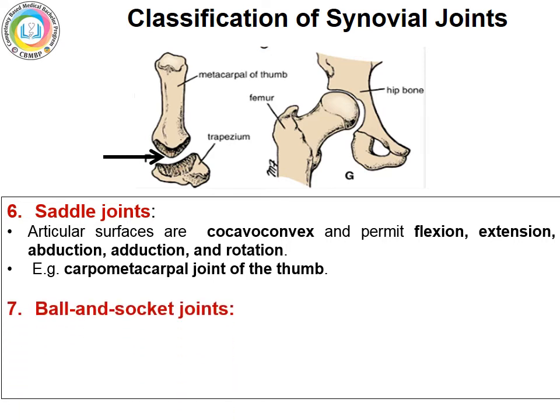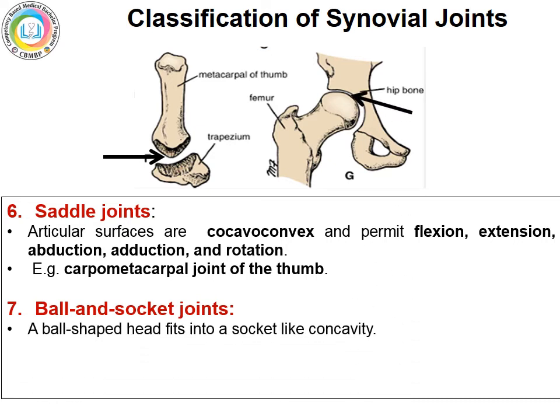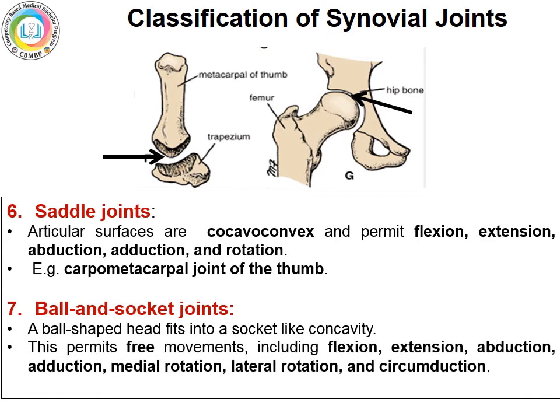Last type is ball and socket. In ball and socket, a ball-shaped head fits into a socket-like concavity. This allows free movement. All types of movement are allowed: flexion, extension, abduction, adduction, medial rotation, lateral rotation, and also circumduction, which is a succession of movements.